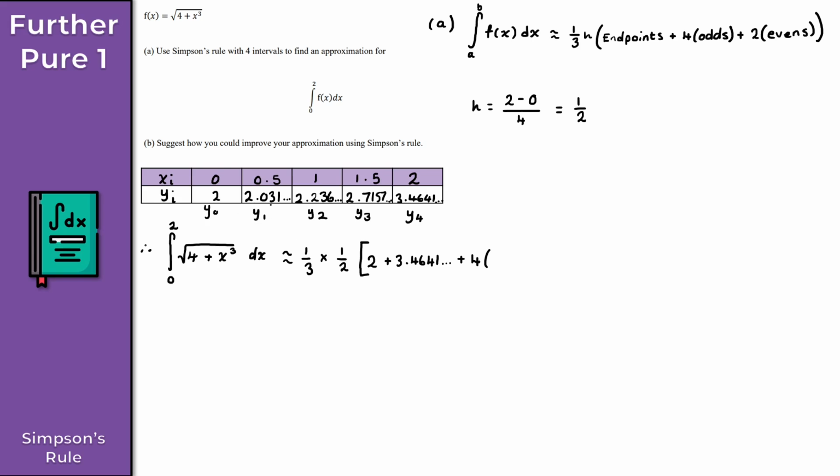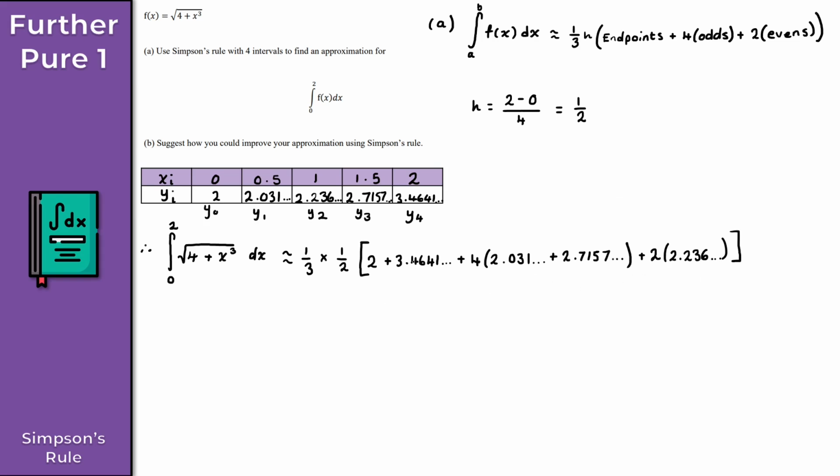So we have 2.031, and so on, plus 2.7157, and so on. So that's 4 lots of the odds. And now we do 2 lots of the evens, which is just 2 lots of 2.236, and so on. Close the square bracket here.